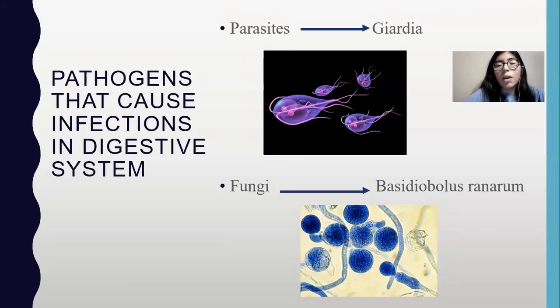For the fungi, we have Basidiobolus, which can cause a rare fungal infection, and it is a filamentous fungus. And to continue, my partners are going to talk more about it in more detail.